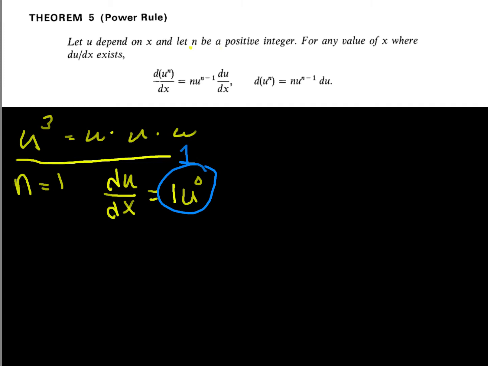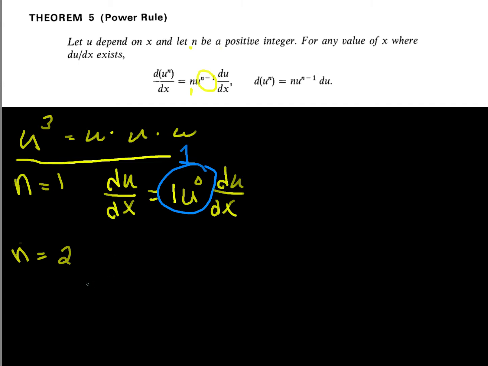So clearly du/dx is equal to 1 times du/dx. And just like the rule says, n should be first, and the power should go down by 1. So our power here is 1, and we've gone down to 0. This is kind of a silly case, but yes, du/dx is equal to 1 times u to the 0 du/dx.